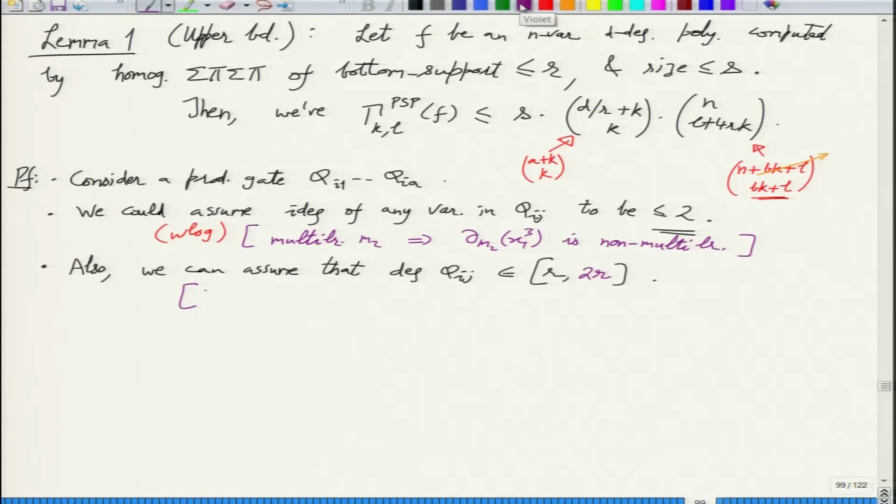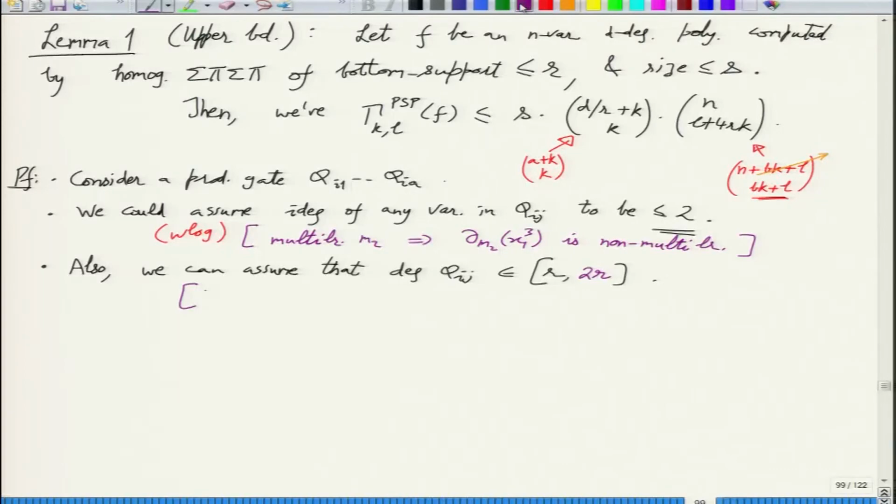Okay, and, no, I think it will. Yeah, that 4r would probably come. So for the other side, how can you say that the degree of qij is at least r? If it is less than r, then you just multiply qij with the next one. You keep multiplying them till you cross degree r, right?